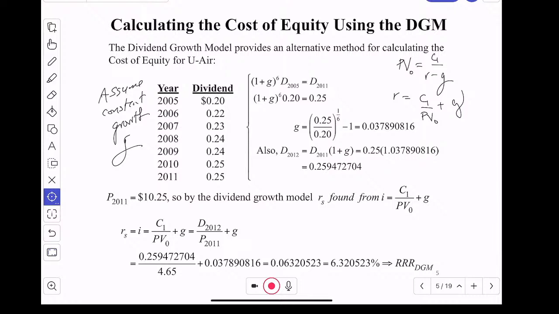So next year the dividend will be... let me go to the question paper so you guys can see the question if you haven't seen it. I'm answering the questions in document 5.8. We're solving document 5.8.